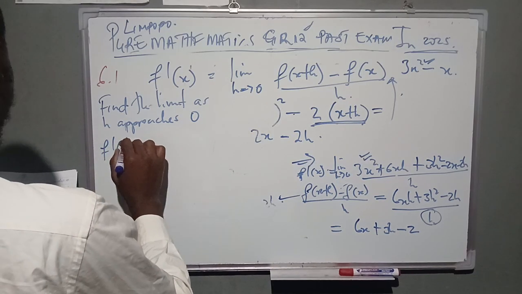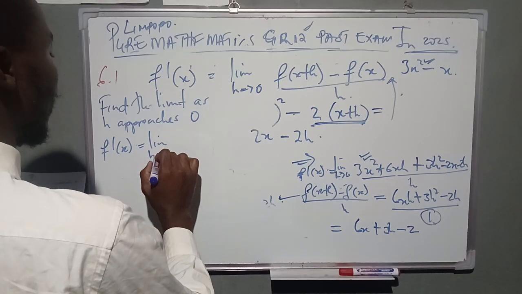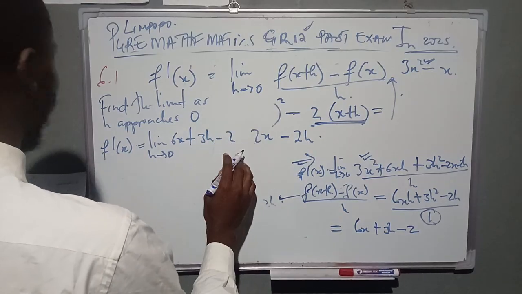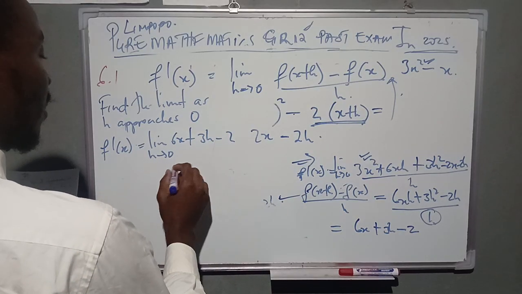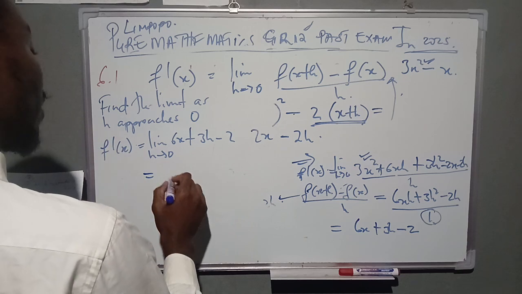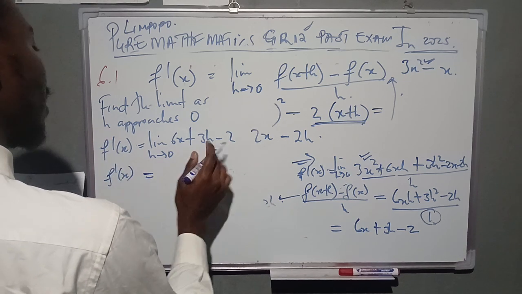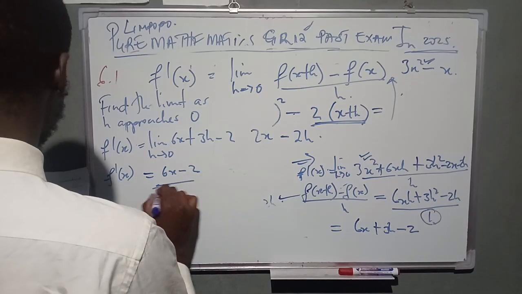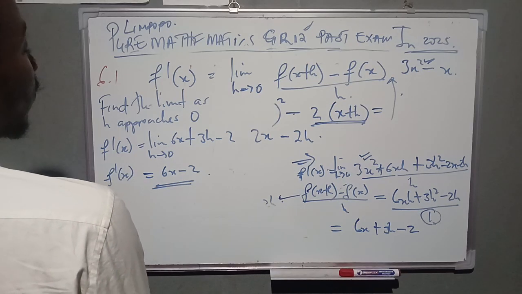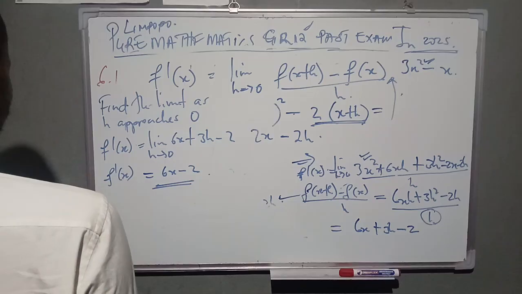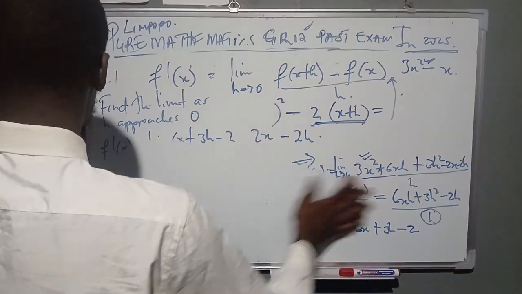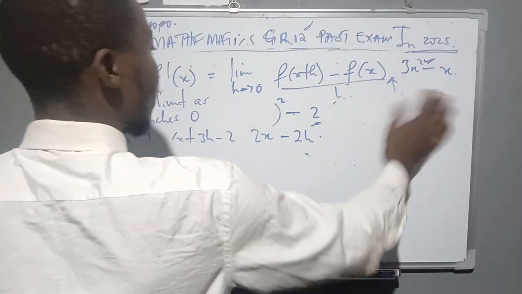So f prime x equals the limit as h approaches 0 of 6x plus 3h minus 2. So as h approaches 0, we're going to remain with f prime x equals 6x minus 2. This will be our final solution. So that was the first part of question 6.